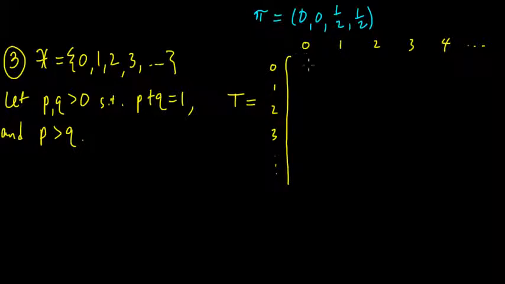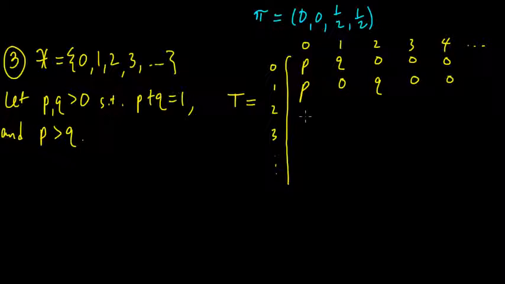So from 0, let's say you can stay at 0 with probability p, and you can go to 1 with probability q. And the rows sum to 1, so all the rest has to be zeros. From 1, you can go to 0 with probability p, or you can go to 2 with probability q.